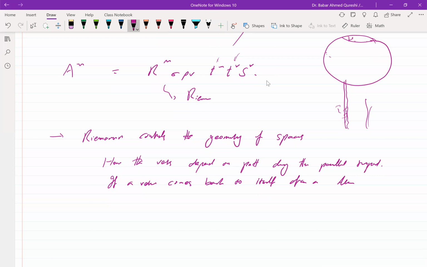It only comes back to itself on the equator, not otherwise. And on the equator it comes back because of some coincidence, that it depends on a cosine, and that has a period which matches and gives it back. So that is if a vector comes back to itself after a detour, and also it controls how parallel lines diverge or converge.